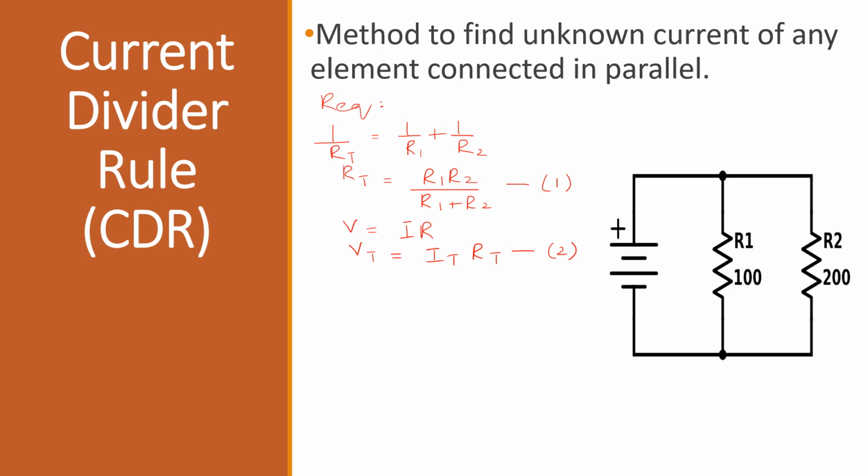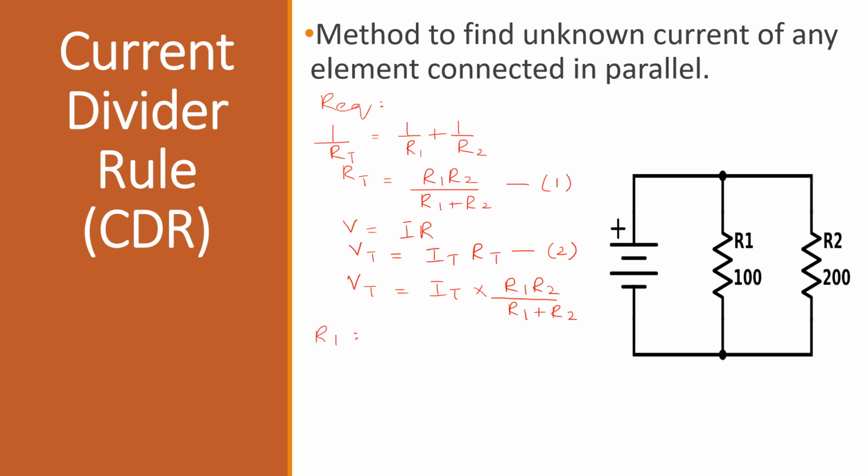So, we'll get Vt is equal to It multiplied by R1 R2 divided by R1 plus R2.